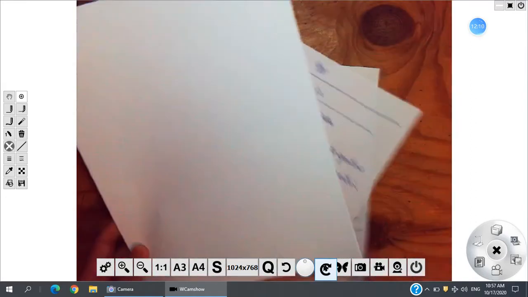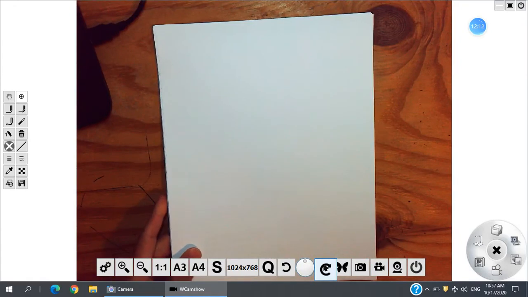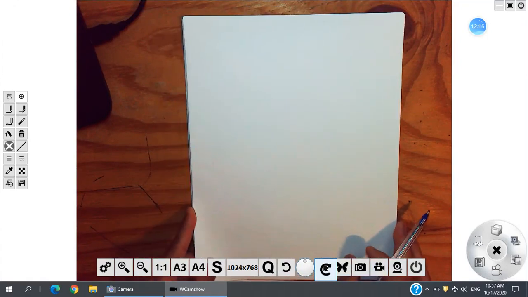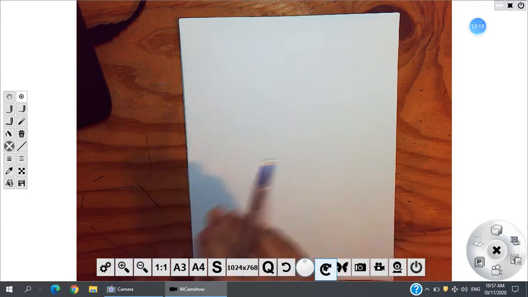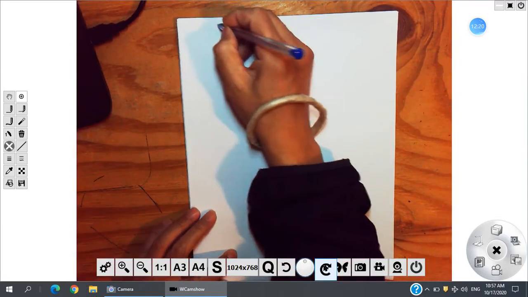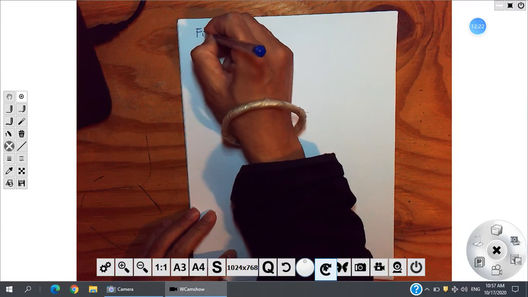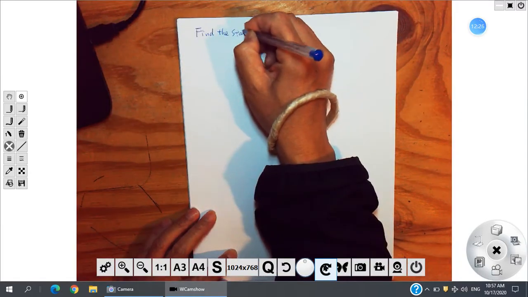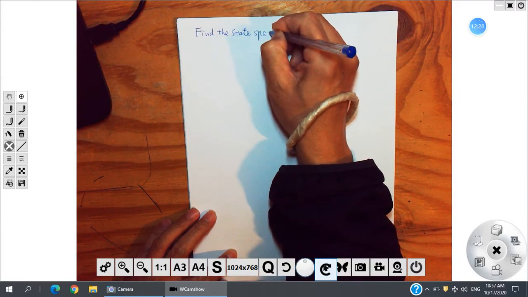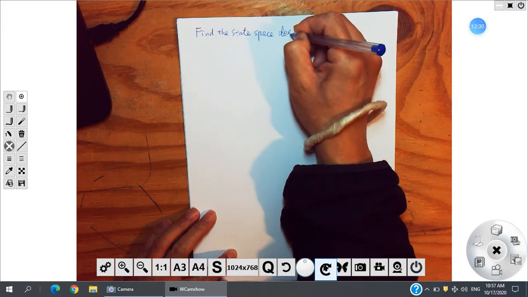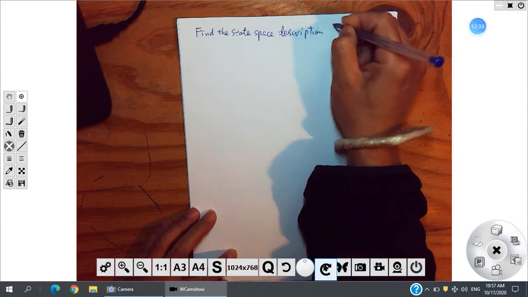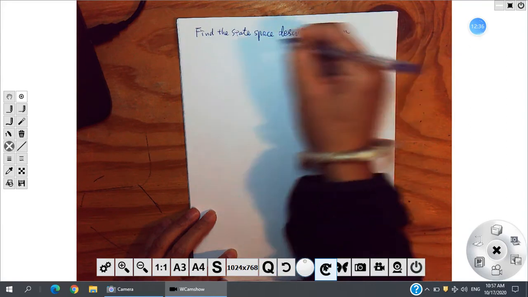All right. Now we consider the first problem for the state space description of a system: how to find the state space description from a differential equation.